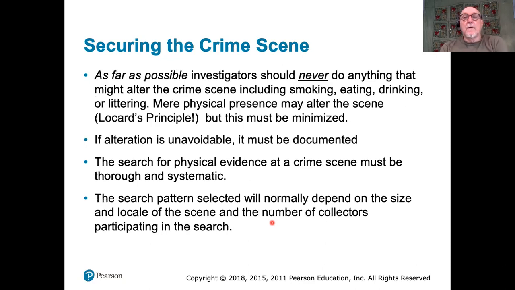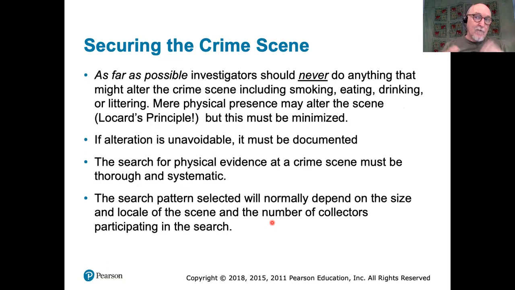As far as possible, that crime scene should remain unchanged until the position and the relevance of all the physical evidence has been determined. That means, obviously, nobody enters the crime scene smoking. Nobody enters eating, drinking.